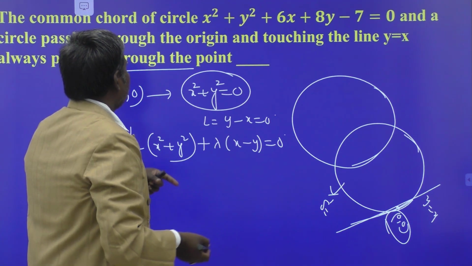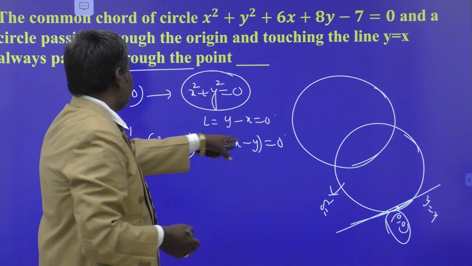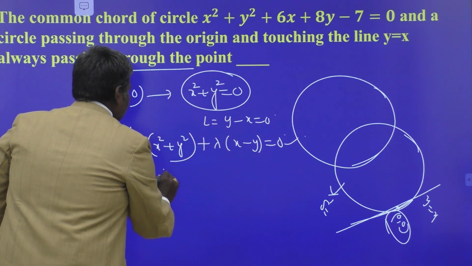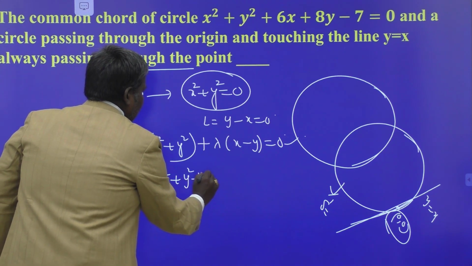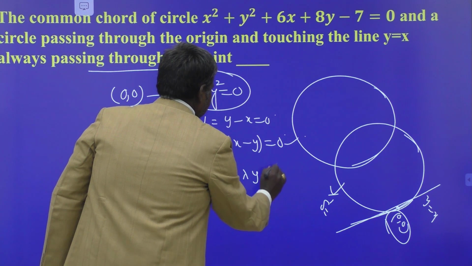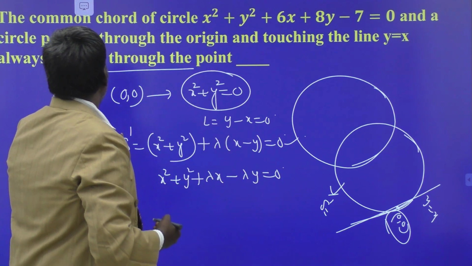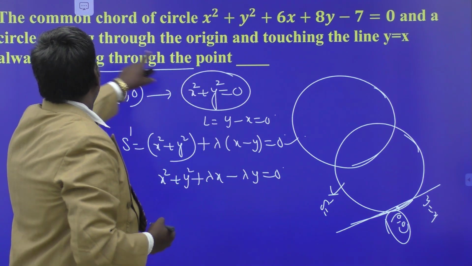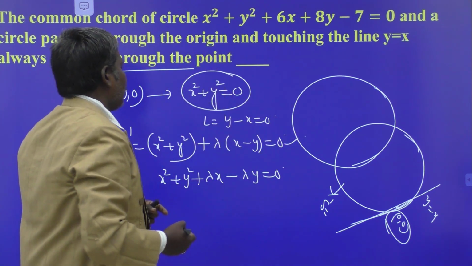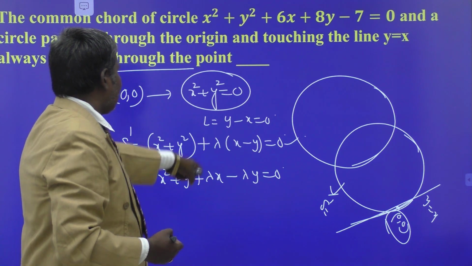This is any circle passing through the point of intersection of S equal to 0 and the line L equal to 0: S plus lambda L equal to 0. That is x square plus y square plus lambda x minus lambda y equal to 0. We have to find the circle. So many circles are passing through the points of intersection of the given circle and this circle.